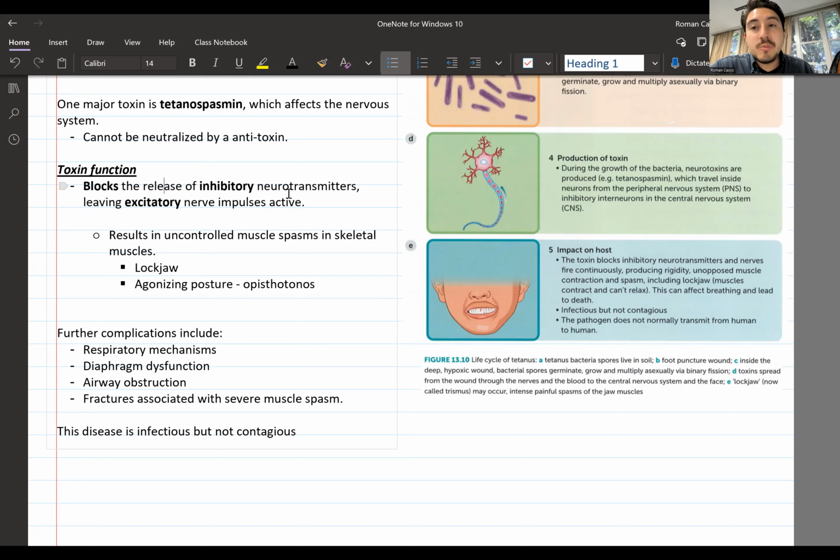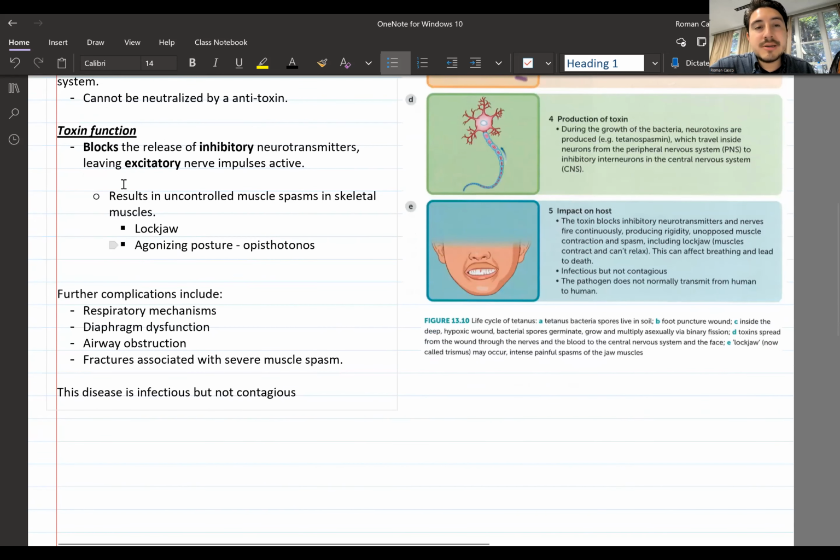Because of that, these signals are related to the muscle, and you essentially have uncontrolled muscle tension and uncontrolled muscle spasms, particularly of the skeletal muscles.